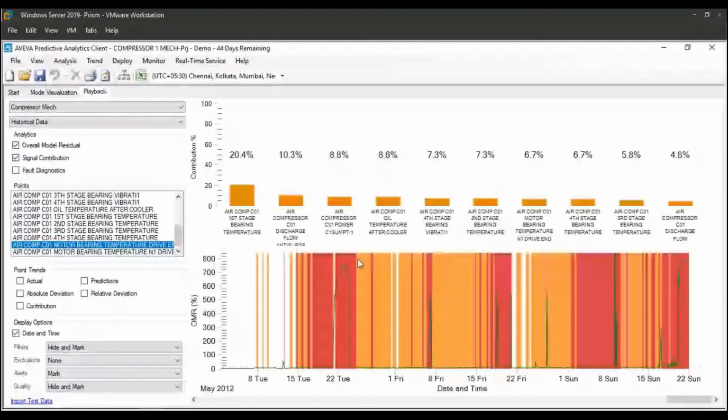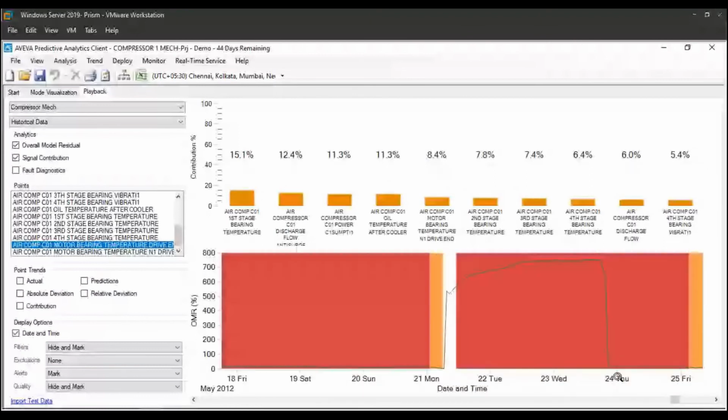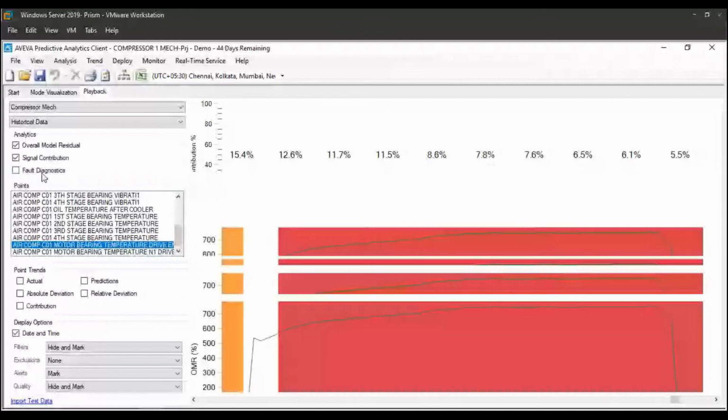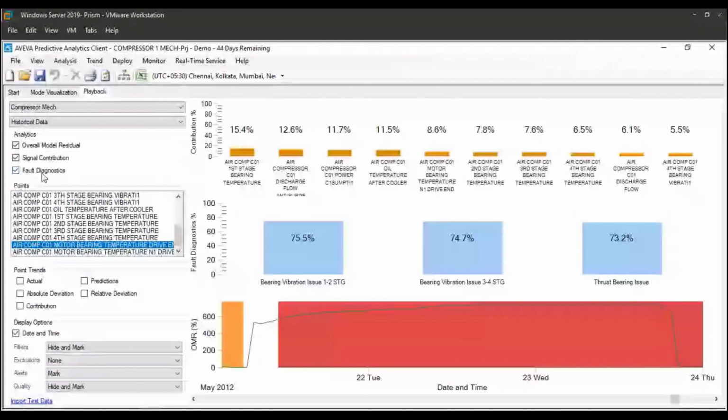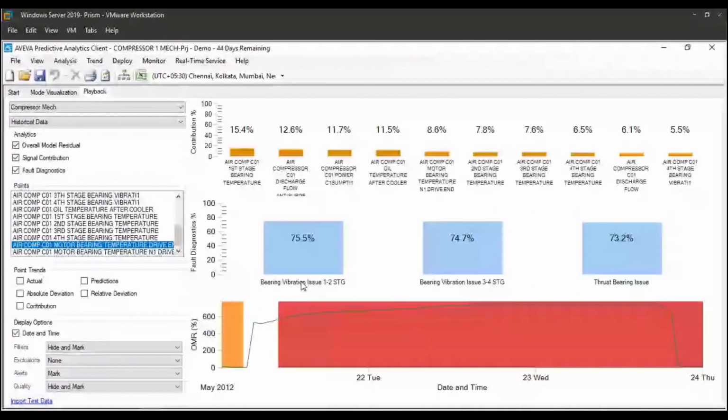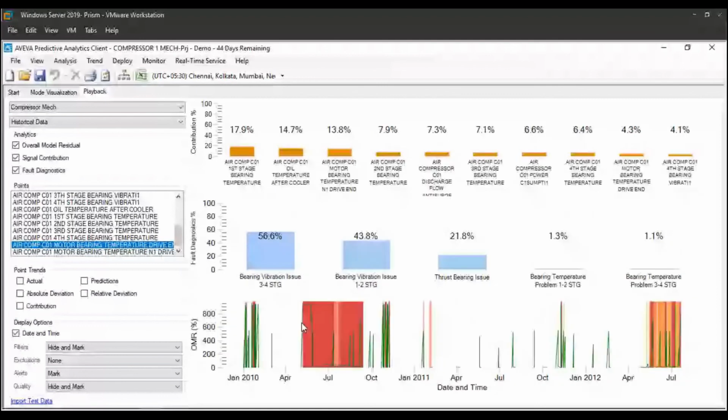If we zoom into one particular day, the software is telling me that these are the various variables that contributed to a deviation of this particular profile's health. Based on this, we can find out the probabilities of various faults occurring, and it is around 75% for the bearing vibration issues. So this is how the analysis of the past data happens.